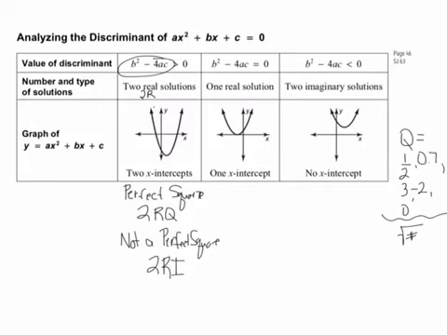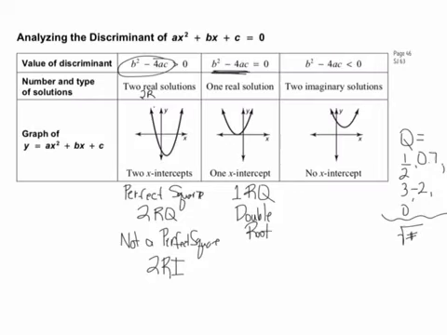So your answer will have a radical in it. Then if your discriminant value is equal to 0, then it just touches the x-axis at one point. You'll have one real rational solution. This is also often referred to as a double root, just to show that it counts twice.